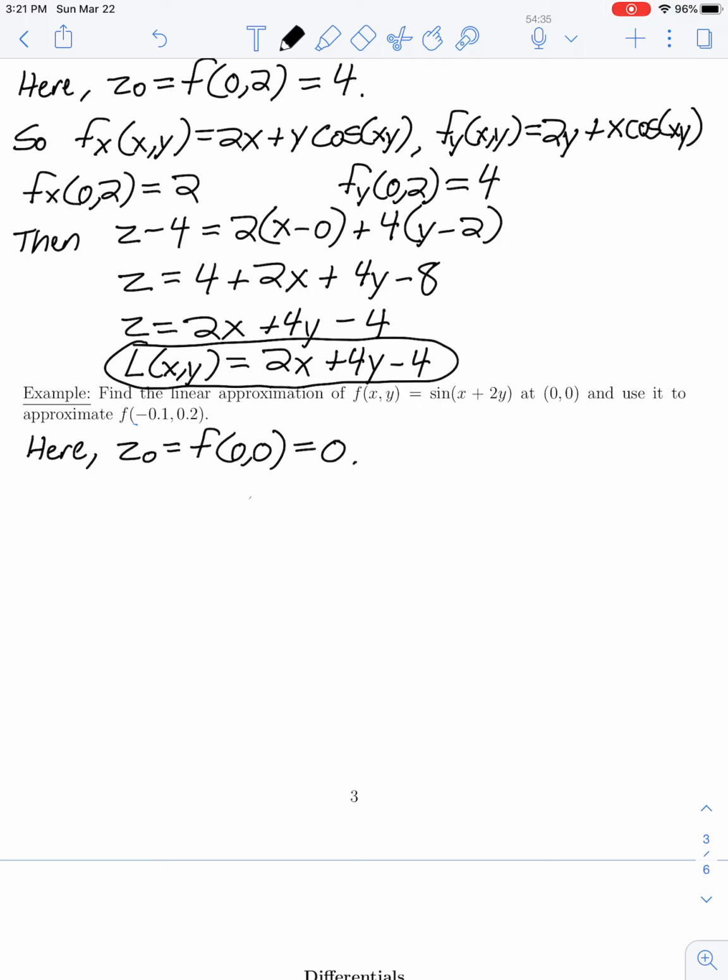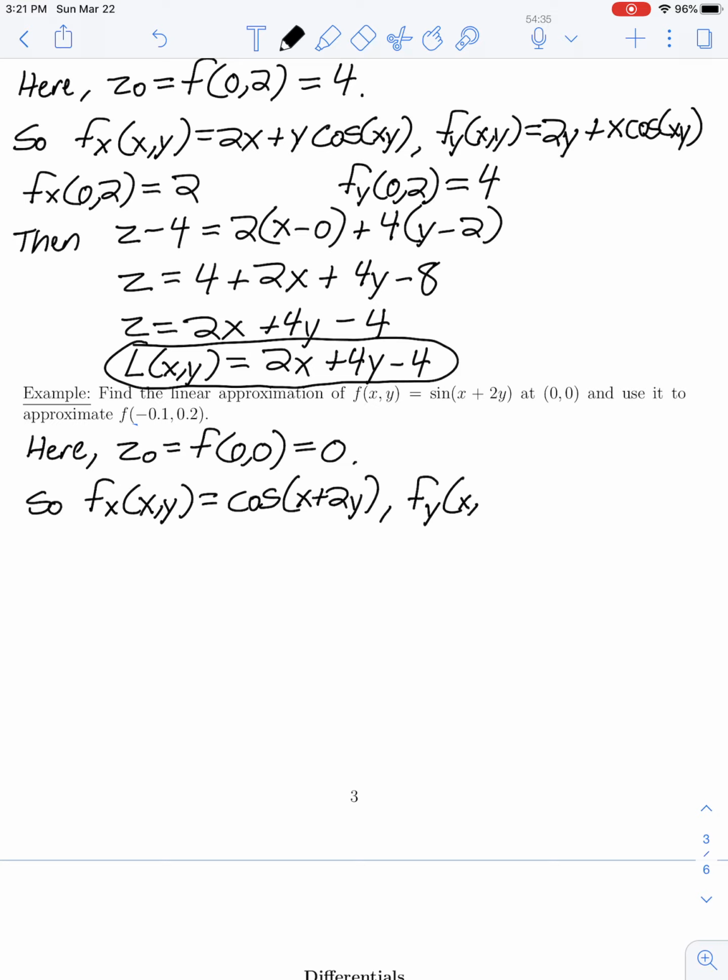So now, from here, we need to find the partial derivatives of our function. So here, the partial of f with respect to x, using the chain rule, is given by cosine of x plus 2y times the derivative of the inside with respect to x, which is just 1.